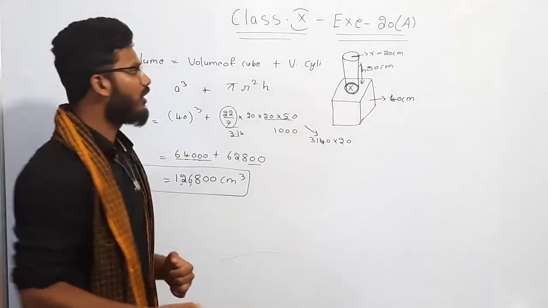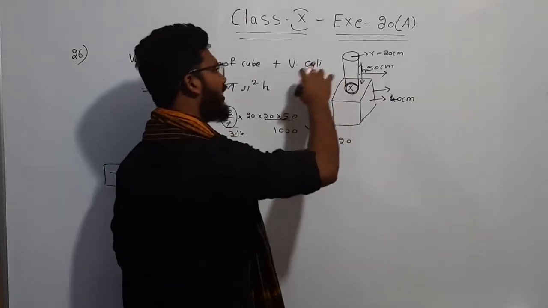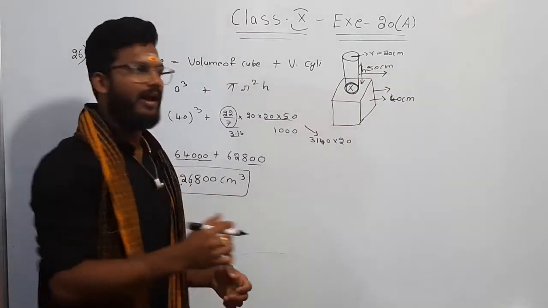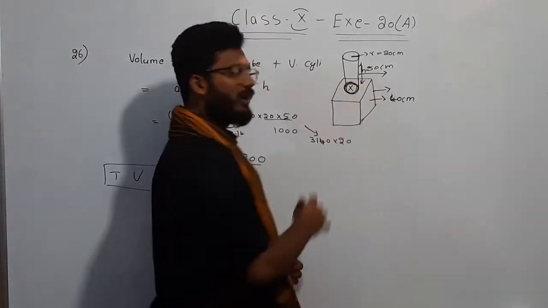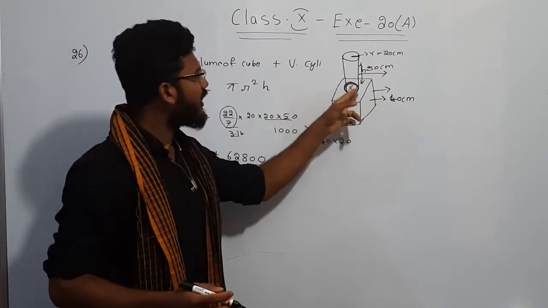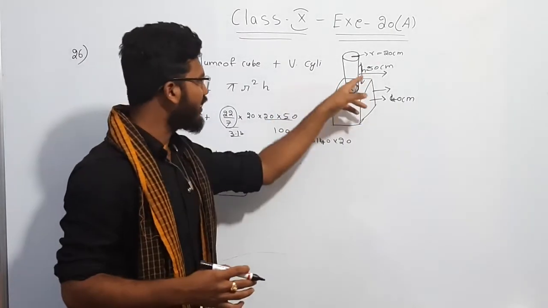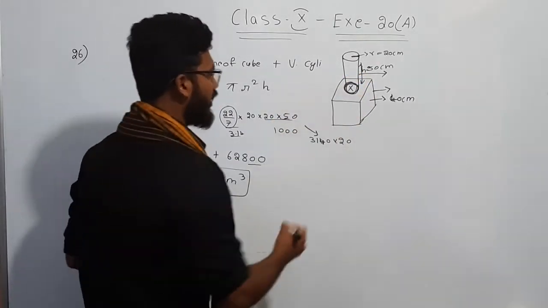So what we have to do, after finding the total surface area of the cube as well as the cylinder, we have to subtract this two times. Why? Because we added this surface in the cylinder as well as in the cube. So we have to subtract the area of this part two times, right?